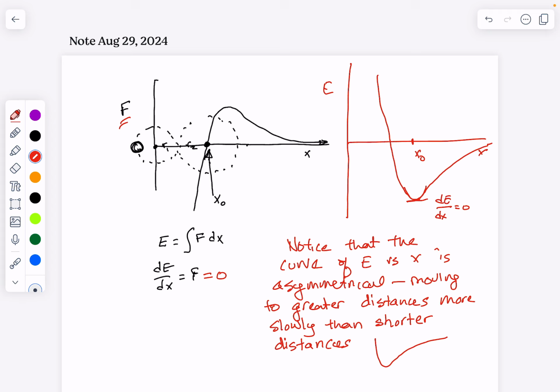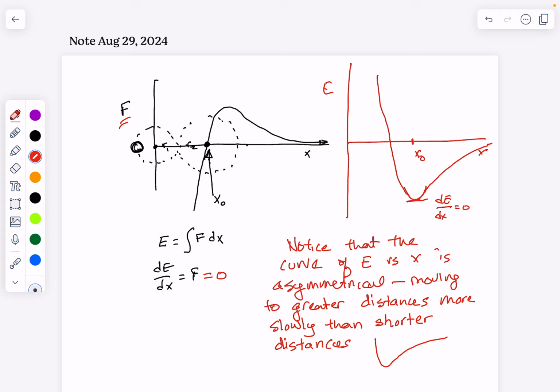So why does this matter? The reason this matters is that this gives rise to our understanding of the coefficient of thermal expansion. I'm going to talk through this, and we'll solve some problems in part 3.